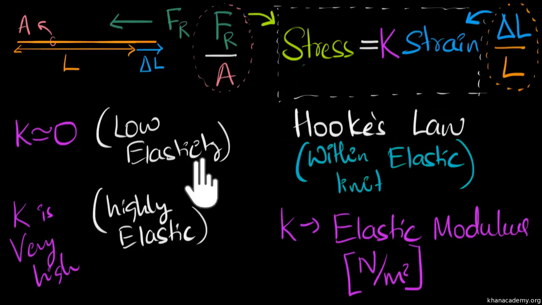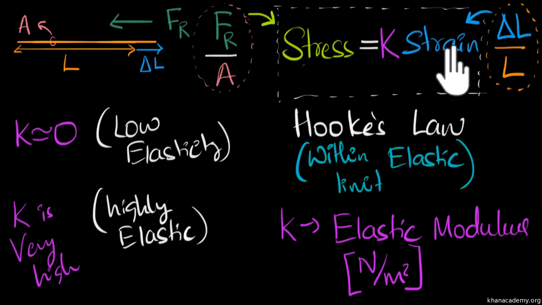And guess what? There are different ways in which you can deform a material. For example, you can take a wire and stretch it, or you can even bend it, or you can twist it, and so on. And so for different kinds of strain that you're going to produce, the poor material has to produce an equivalent kind of restoring force and so an equivalent kind of stress.